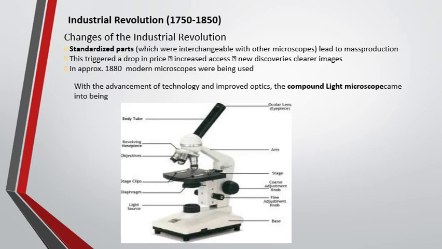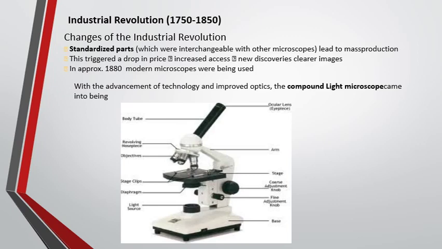So in this era, new discoveries related to a clear image became possible, and approximately in 1880 a modern microscope was being used. With the advancement of technology and improved optics, the compound light microscope came into being, and this is the most modified form in the Industrial Revolution.